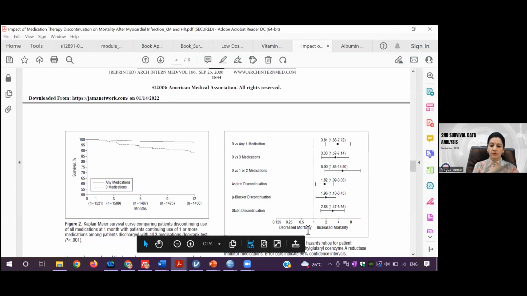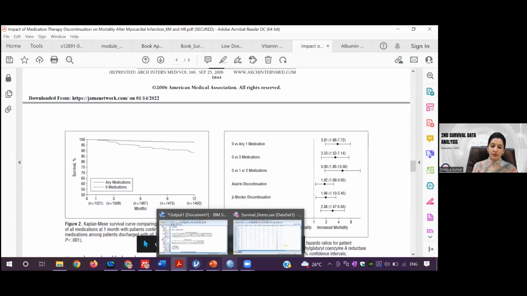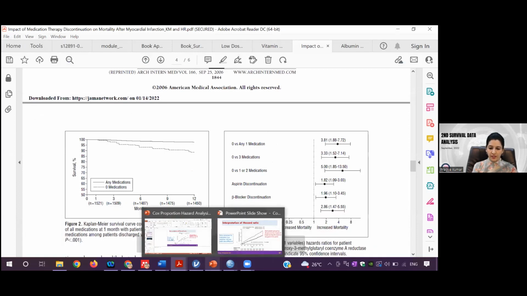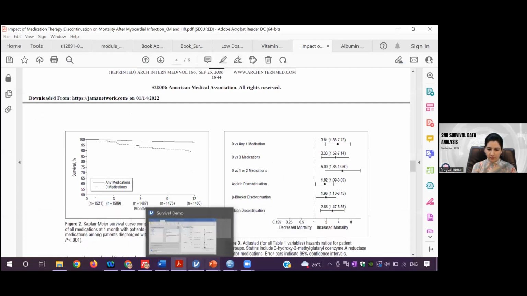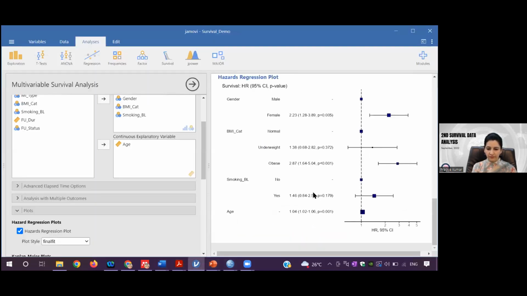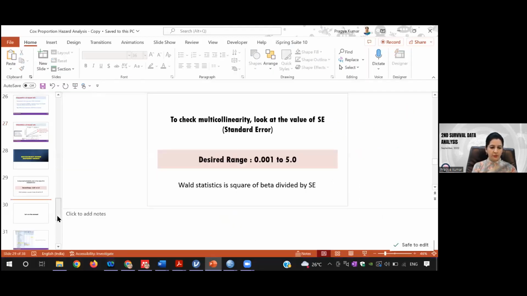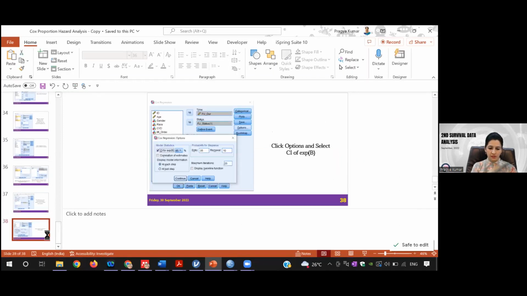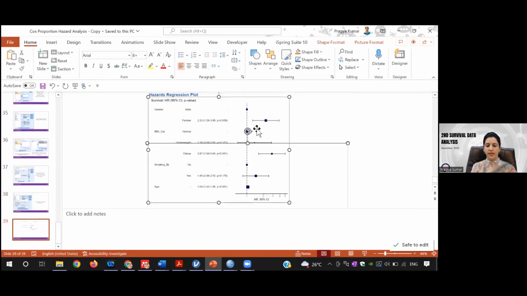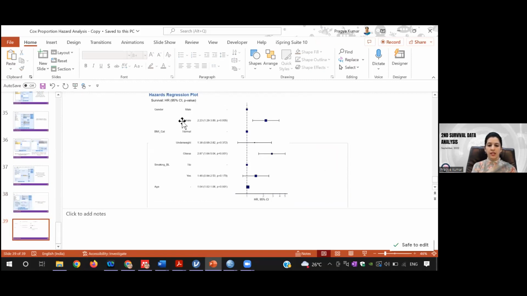I'll tell you what you can do. You can try some editing in PowerPoint. I have seen people editing that in PowerPoint. You can copy this and paste it in the PowerPoint, and there are options in the design and insert tabs to hide a few things and put a new box.